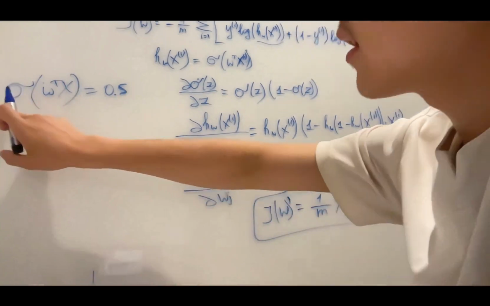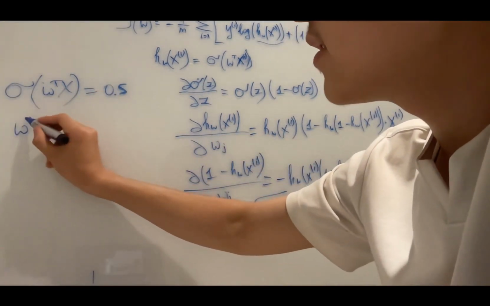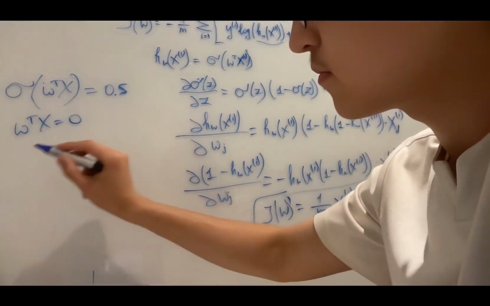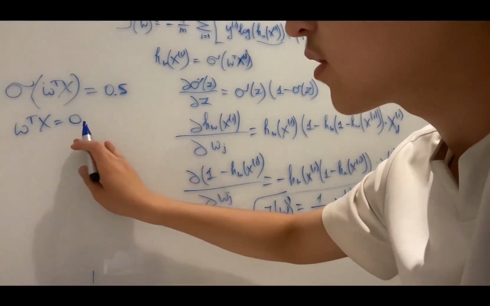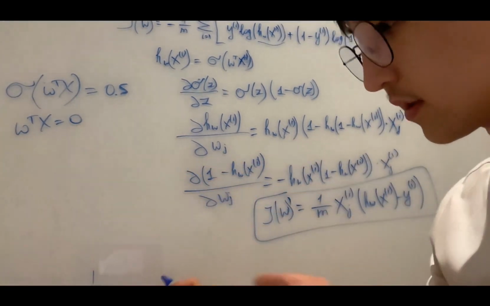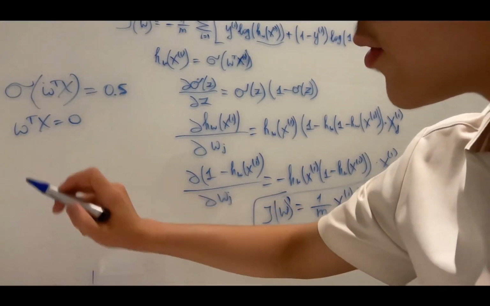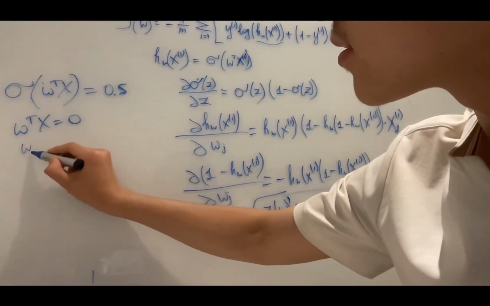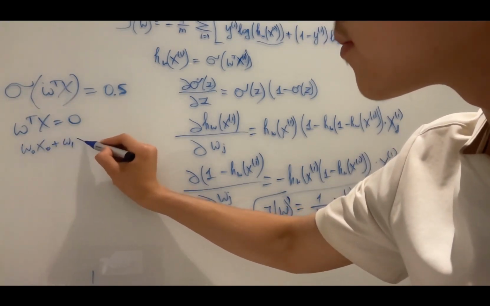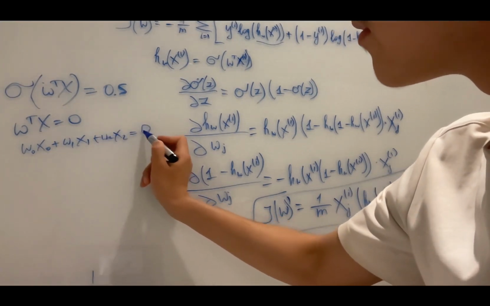From here, I can say that I need this one to be 0 in order to make this work. I prove it, it's correct. And then we have this one, right? So from here we can rewrite this as weight 0 x0 plus weight 1 x1 plus weight 2 x2 equal to 0.